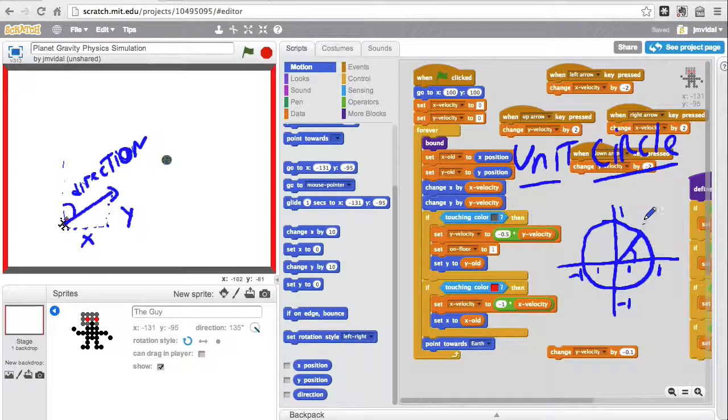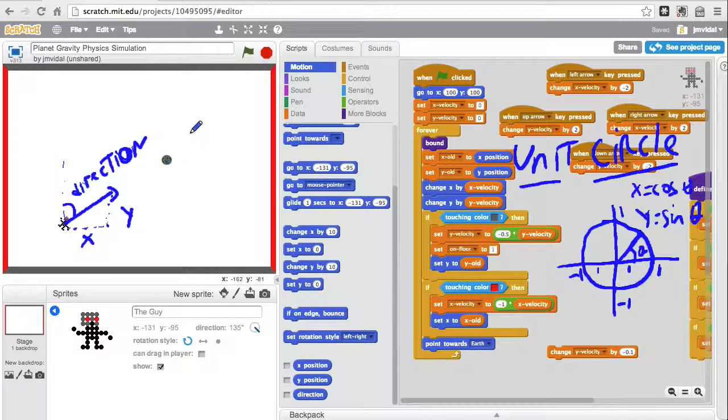So if you have a unit circle, and you have this angle here, this point right here has x and y coordinates. The x is the cosine of the angle here, we'll call it theta. And the y coordinate of this point is the sine of that angle, theta.